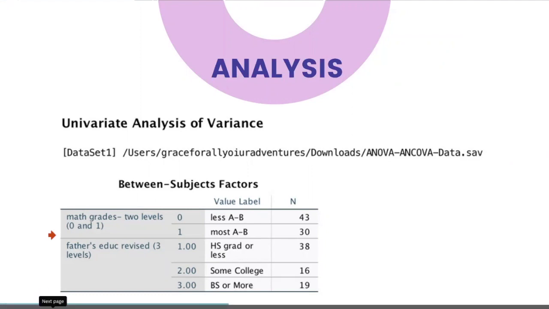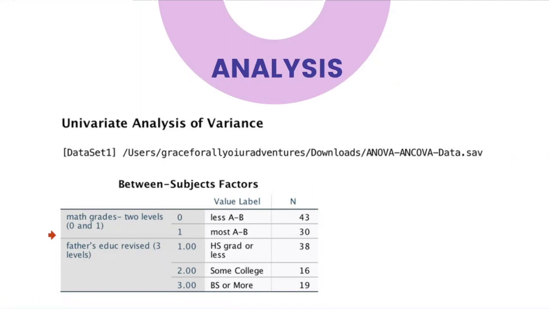So for this table right here in the output, what we're looking at is the number of people in the group. So here we have, for those math grades, less than an A or B, we've got 43 participants, mostly A and B, those are 30 participants there.